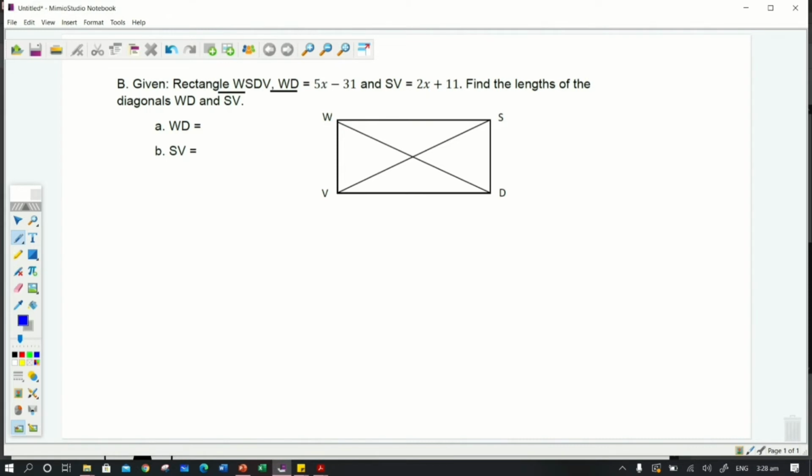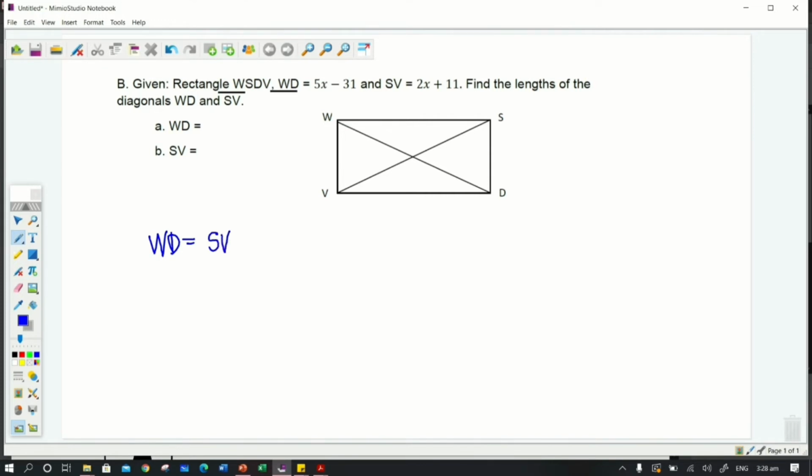Remember, in finding the length of diagonals WD and SB, the property of rectangle that we will apply is that diagonals are congruent. That is the unique property of rectangle. So we conclude here that diagonal WD is equal to diagonal SB.